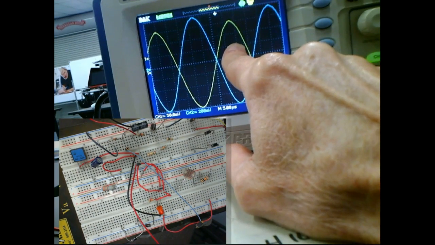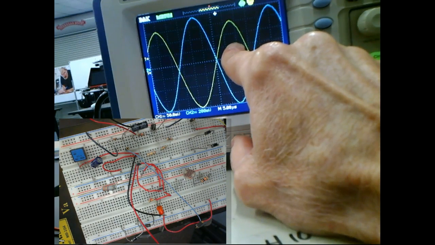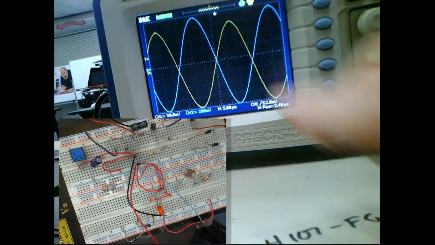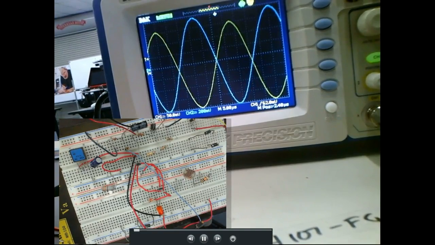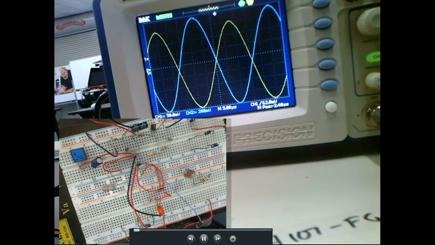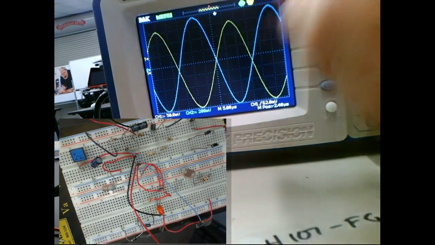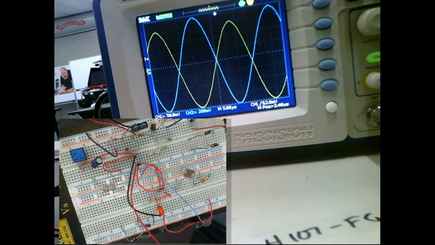You understand? 1.2, 1.4, 1.8. We calculated we're going to get 1.75, and it might be 1.75. It looks like it's down just a hair, but 1.8 was easy to measure.